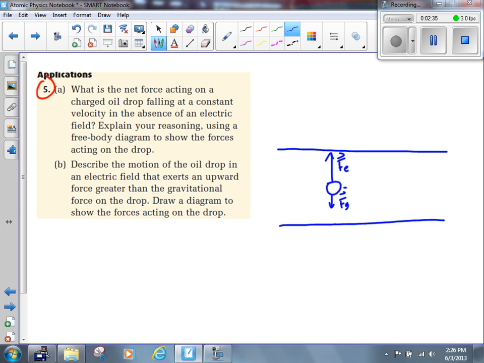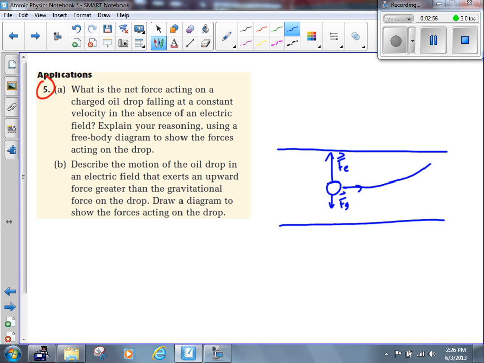If it's moving to the right, it will actually experience a parabolic path upwards. Now, the parabola won't be as scrunched together as it was when it was just gravity. Depends, actually, on how big the electric force is. It will be a parabola, however, if it's moving to the right and experiencing those forces.